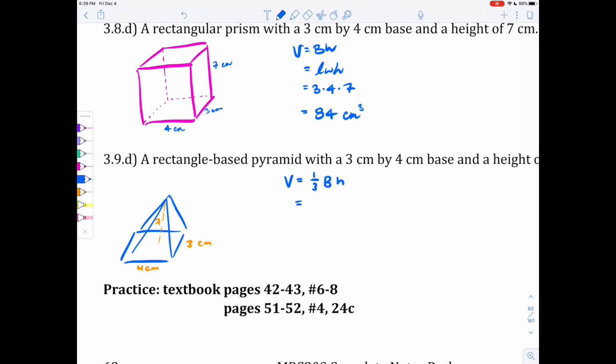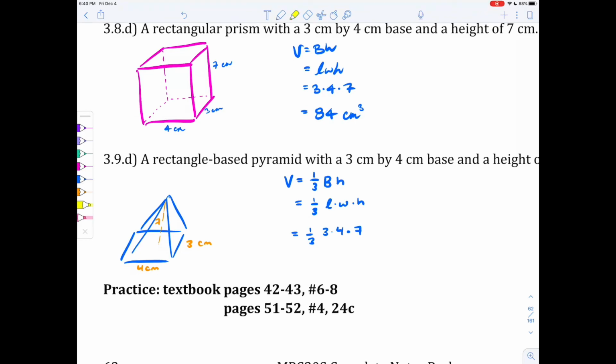So, I could go ahead and just take my 84 and divide by 3, or times it by 1/3. I'll get the same thing. But just for the sake of this, let's plug it in and be 100% sure. My area of the base I can calculate by saying, well, it's a rectangle, so length times width. I still have height. My length is 3, my width is 4, my height is 7.